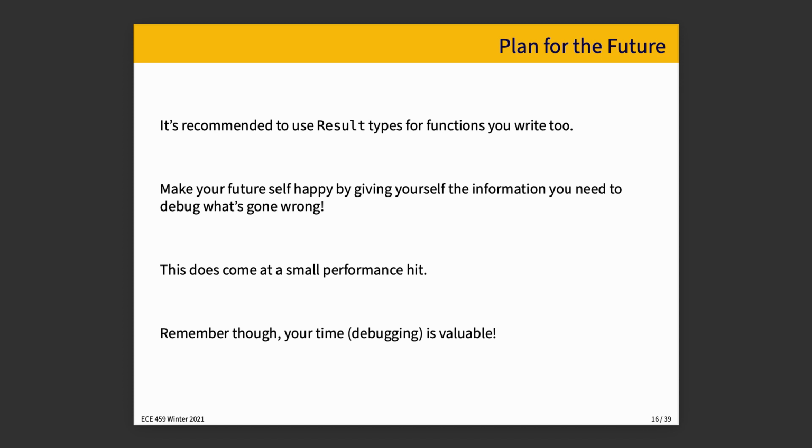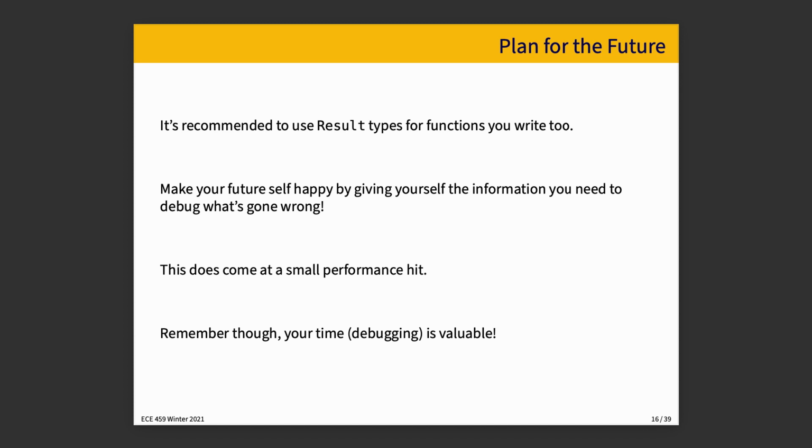Makes sense. But both checked exceptions, the kind where the compiler would say you need to handle this exception, and result types force the programmer to explicitly deal with the error, even if that's explicitly ignoring them as opposed to silently ignoring them.